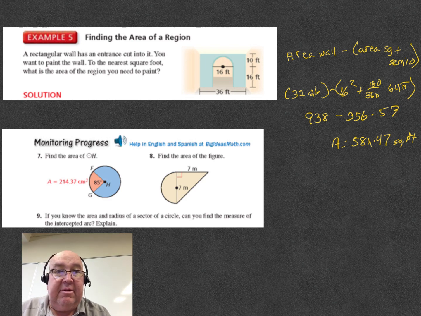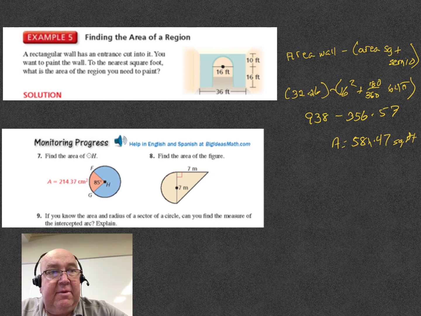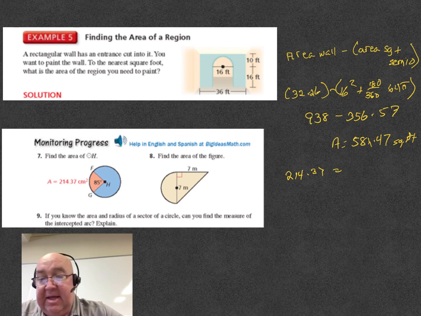Alright, so we want to find the area of the large circle here. So we know that the area of the small circle is 214.37, which is equal to 85 over 360 times the area.